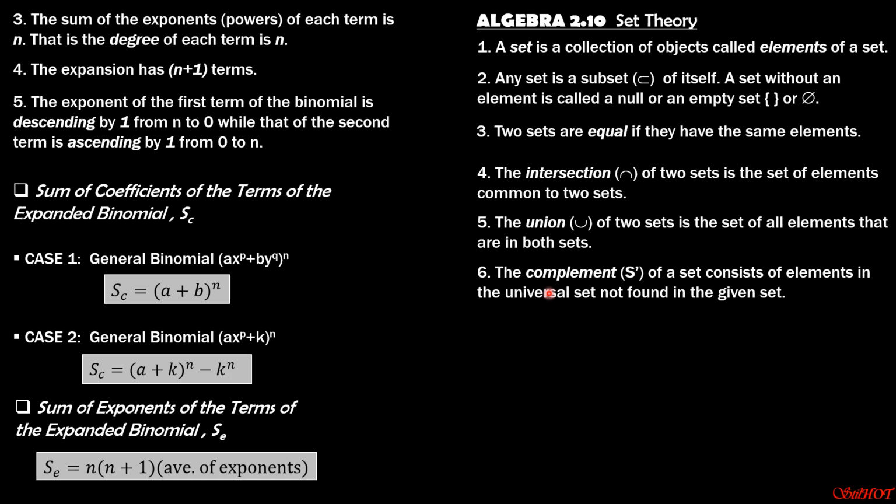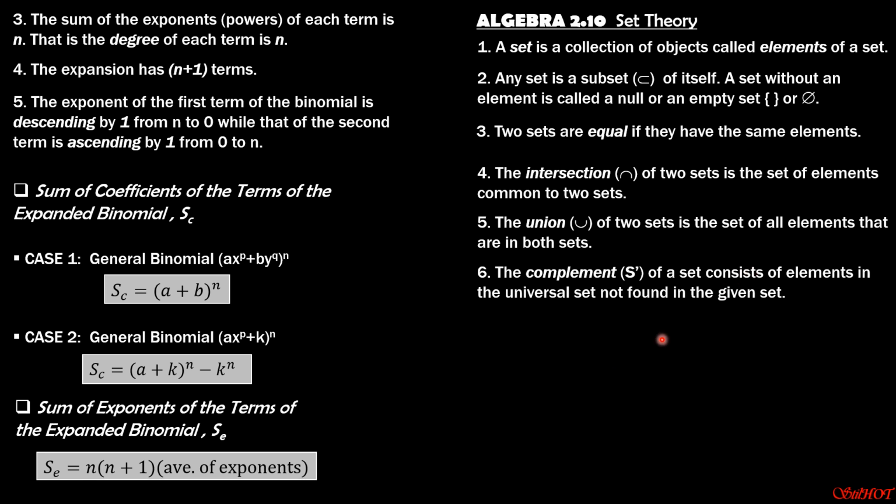So for example, in the School of Engineering and Architecture division, the complement of engineering students would be the architecture students, because architecture students belong to the SEA division.